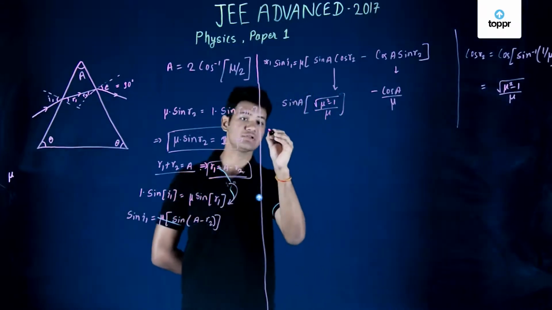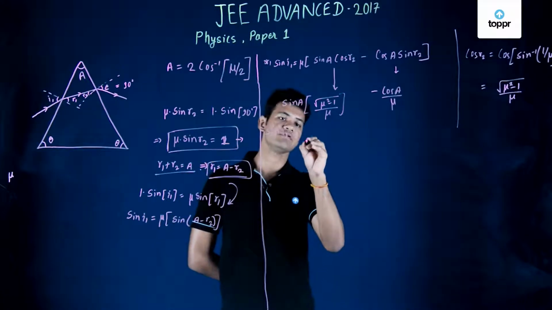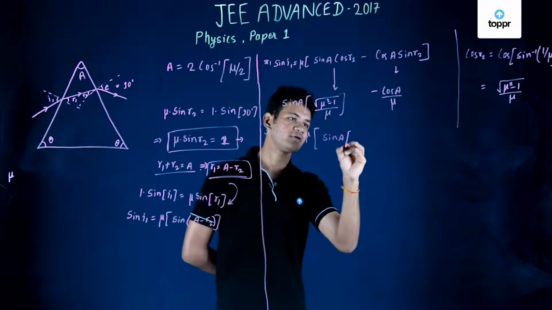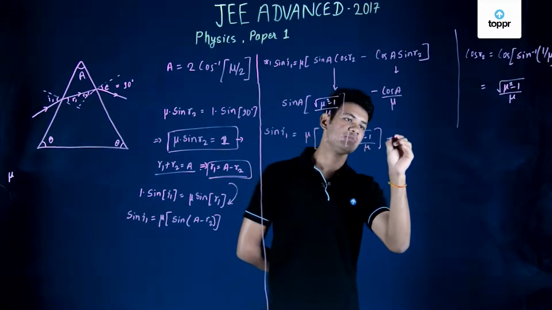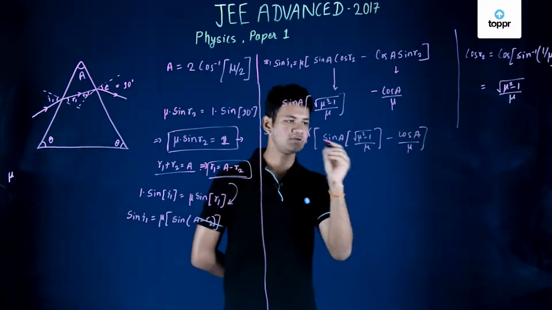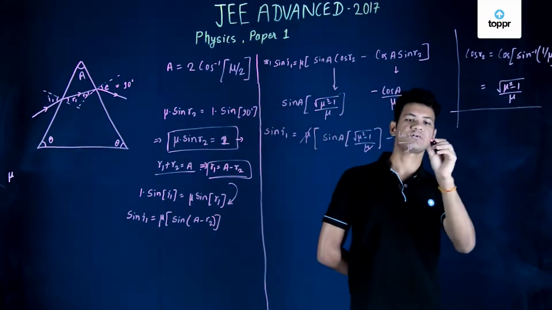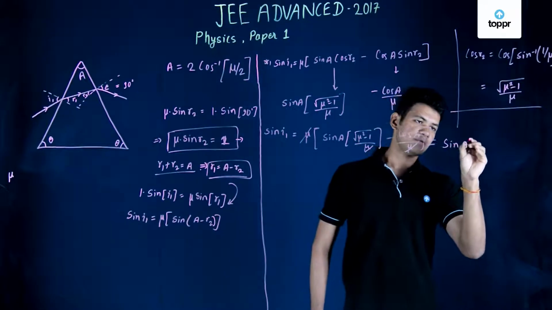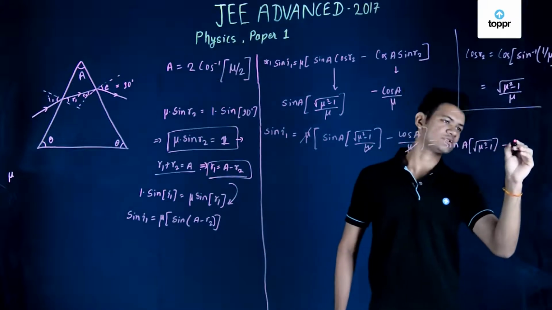Okay, so solving further for sine of I1, we have mu times all these things that we've calculated: sine of A, root of mu square minus 1 by mu, minus cos of A by mu, right, which gives us sine A times root of mu square minus 1 minus cos A.